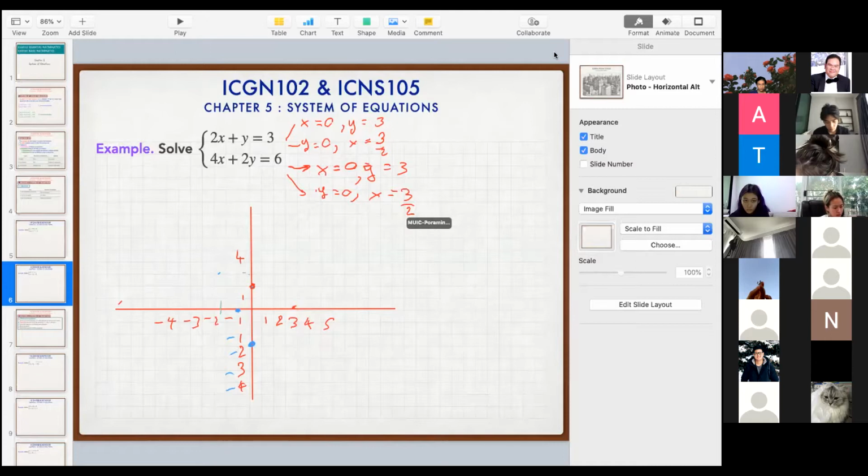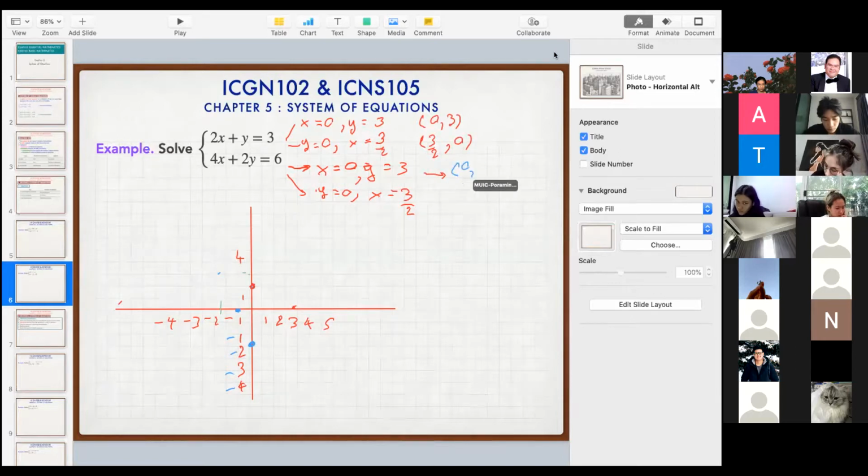If you try to do the graphing, from the first equation first, we have (0, 3) and (3 over 2, 0). And for the second equation, we have (0, 3) and (3 over 2, 0).